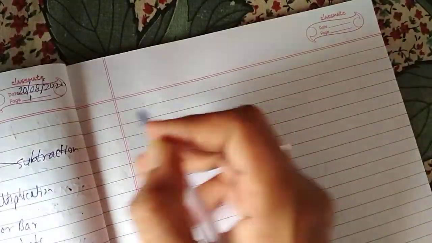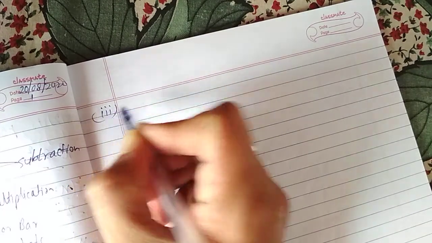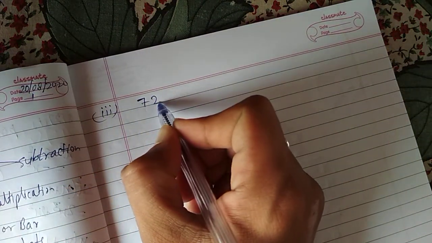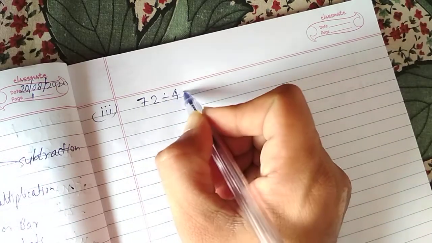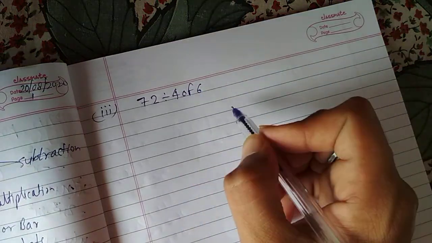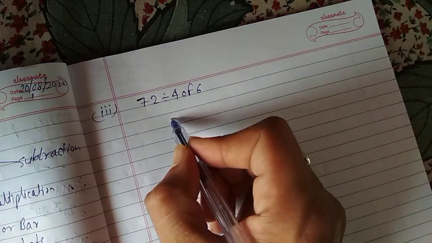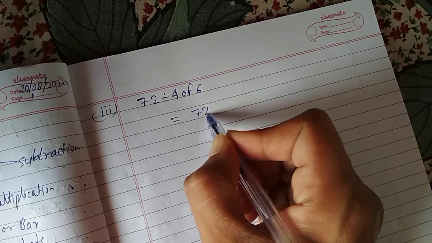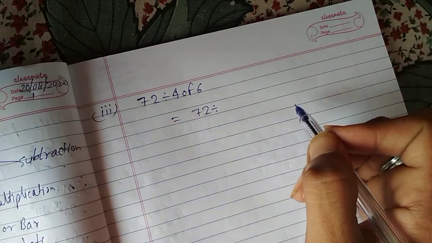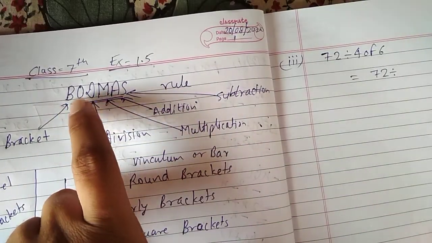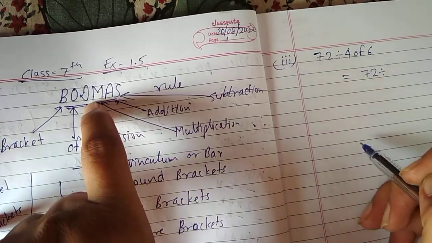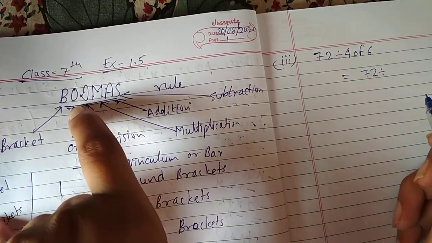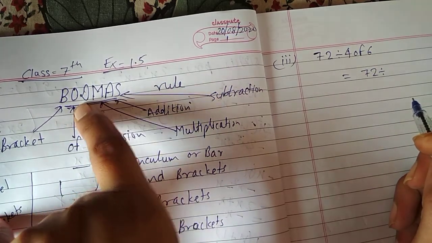Another example, 72 divided by 4 of 6. That means we should use the operation of before the division, because we have to solve in this order BODMAS. Simple division will be solved after using the multiplication of.